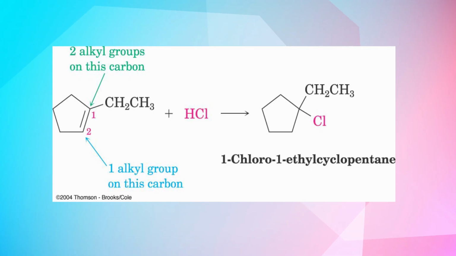We know that the reaction will take place in such a manner that hydrogen will add to the carbon which will give rise to the more stable carbocation. That means hydrogen will add to carbon number 2, resulting in the formation of a tertiary carbocation, which will then react with a chloride anion to give us 1-chloro-1-ethylcyclopentane.